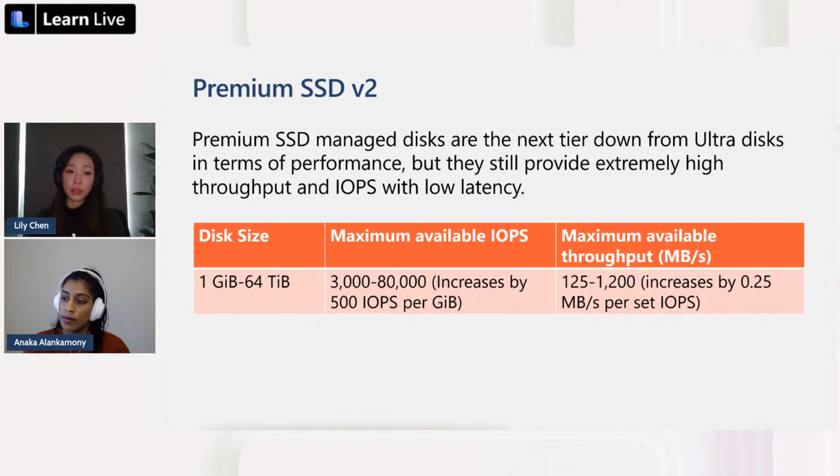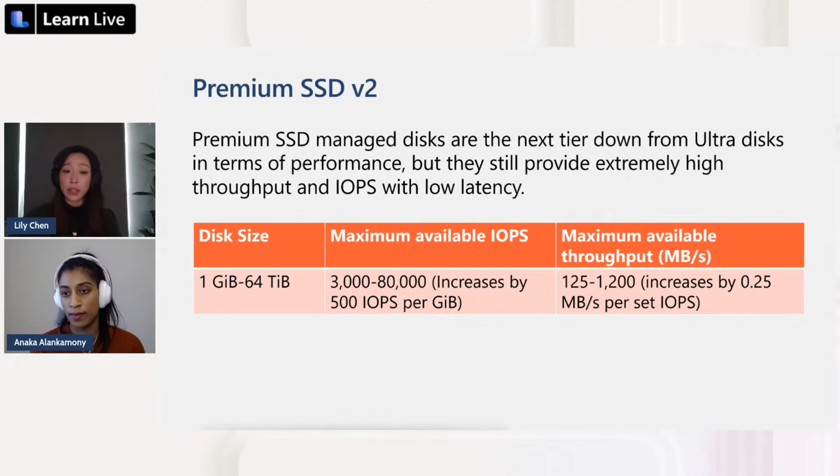The Premium SSD V2 provides a baseline performance of 3000 IOPS and 125 megabytes per second for any disk size that is offered at no additional cost. Now, after 6 gigabytes, the max IOPS a disk can have increases at a rate of 500 per gigabyte, up to 80,000 IOPS, while a maximum throughput can be set, which increases by 0.25 megabytes per set IOPS.